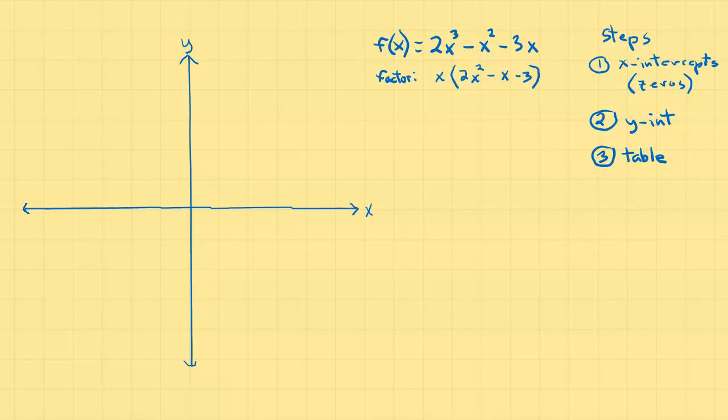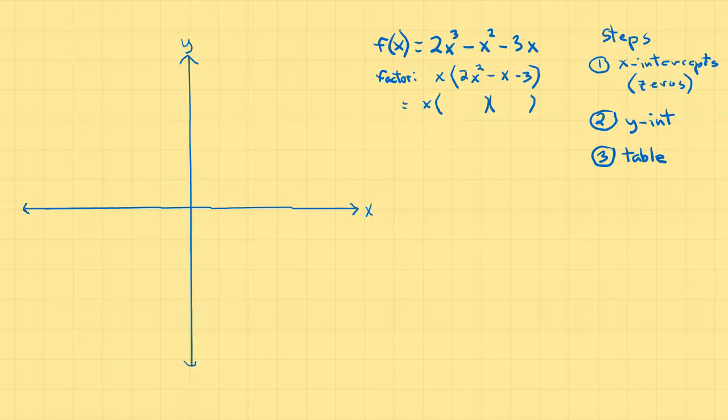Now we're not done yet because this trinomial 2x squared minus x minus 3 can also be factored. So I'm going to continue to factor this. I'm going to leave the x out there, and this is a trinomial that can be factored.